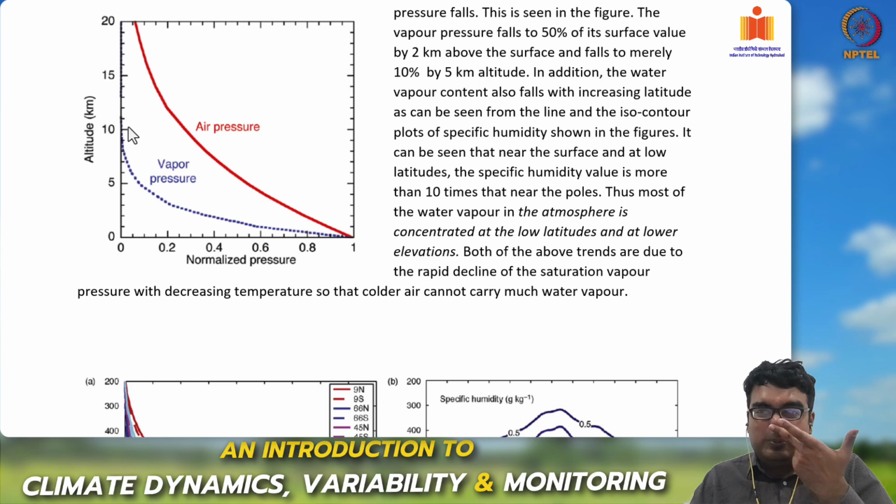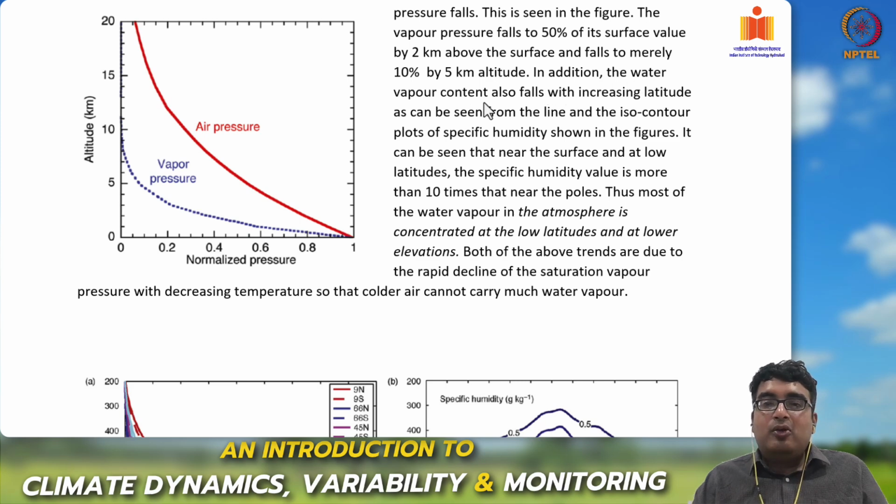So the vapor pressure falls to 50% of its surface value by 2 kilometers above the sea level. So this we can see here, 50% of its surface value by 2 kilometers above the sea level, and falls merely to 10% by 5 kilometer altitude.